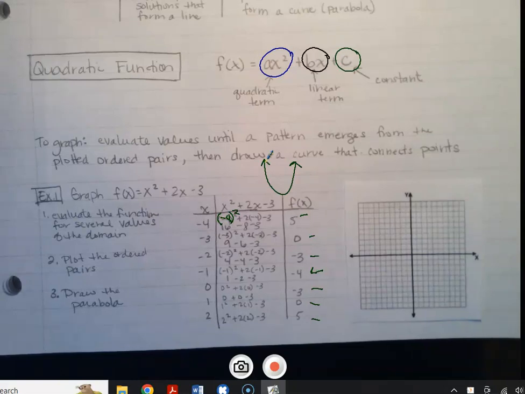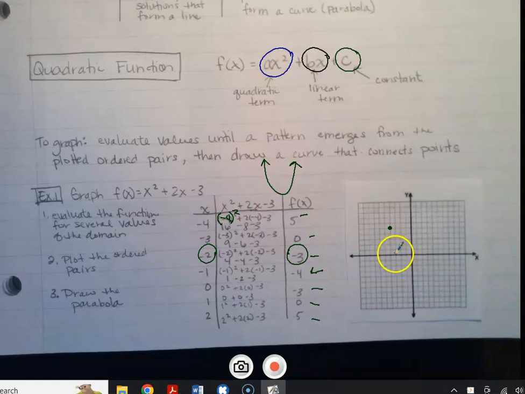So my first point I'm going to graph is -4, 5. So 1, 2, 3, 4, 1, 2, 3, 4, 5. And then -3, 0. So 1, 2, 3, 0. -2, right? And my answer to that one is -3. So -2, 1, 2. Oh, wait, hold on. Well, I didn't get -3, 0 in there either. I did -2, 0.